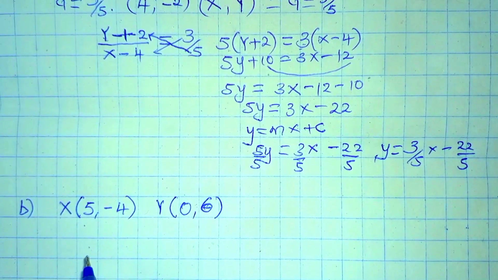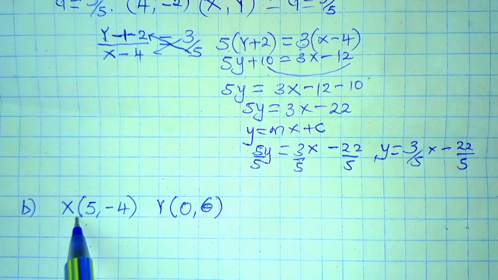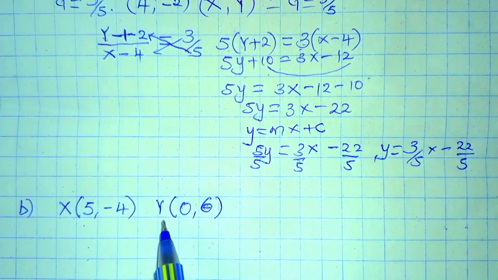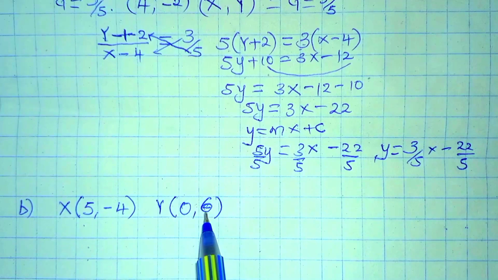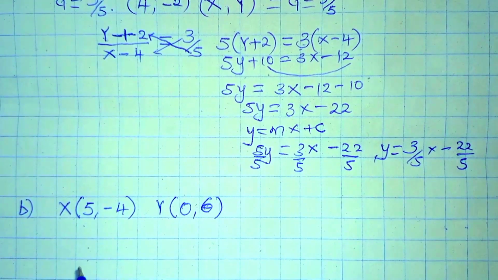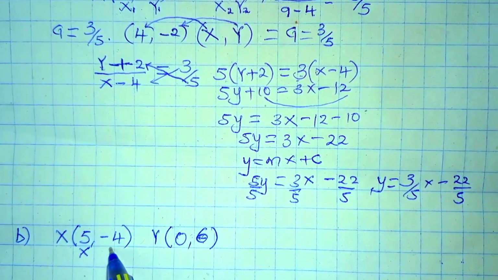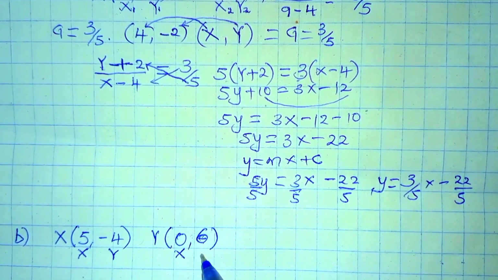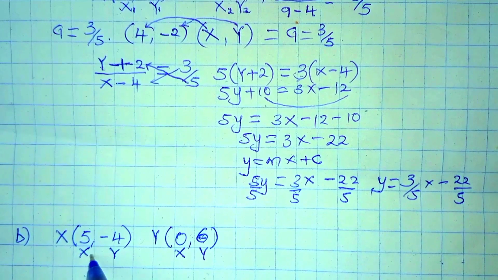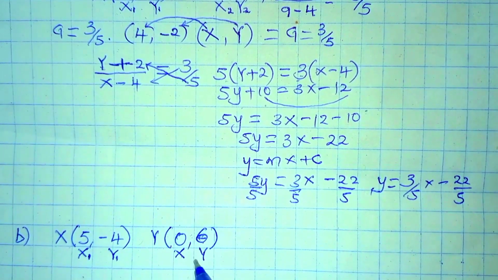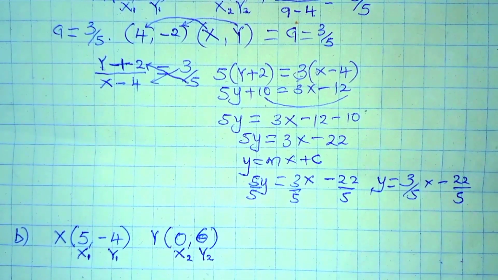Another straight line passes through point X, which is (5, -4), and point Y, which is (0, 6). To find the gradient of this straight line, we name these x1, y1, x2, y2.